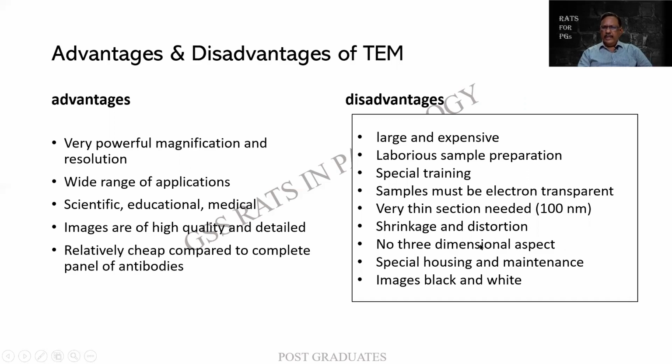No three-dimensional aspect can be studied in a transmission electron microscope, whereas in scanning electron microscope, this is possible. And it has to be housed in a special space. There has to be a vacuum covering it. And the images, of course, are black and white, though there is a provision for coloring in a case of scanning. So the list of advantages and disadvantages, kindly learn by heart.